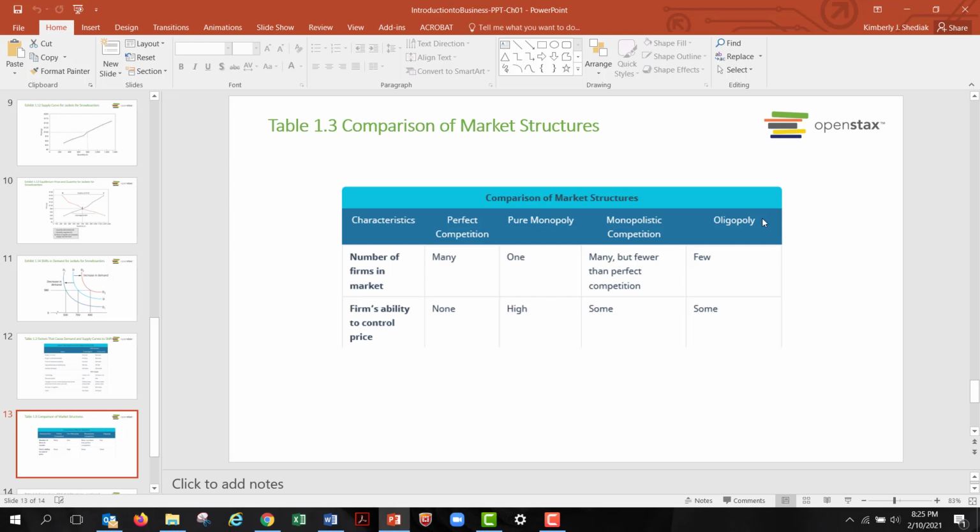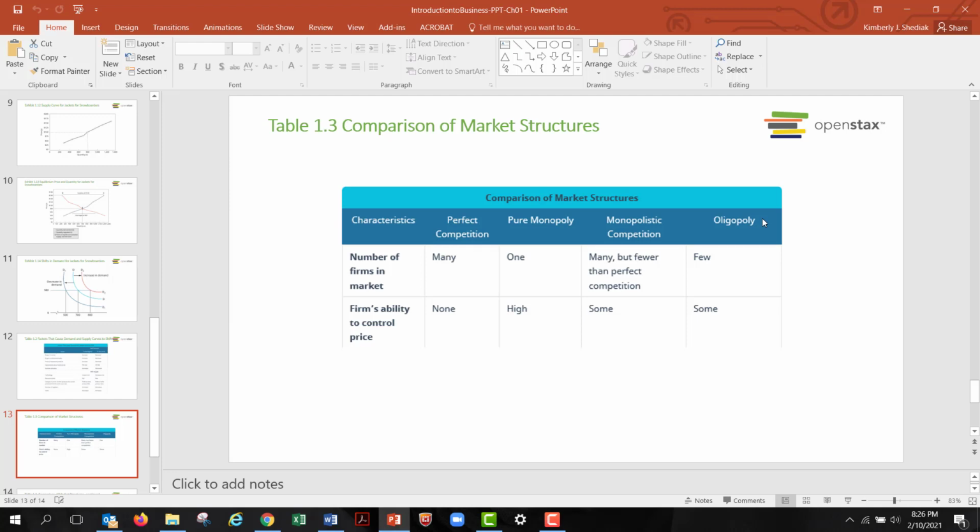And this really just refers to the number of firms in the market and the firm's ability to control price. So with perfect competition, there are a lot of firms and nobody can really control the price. You could think of a lot of products that you see at Walmart or on Amazon. You could consider in this category.